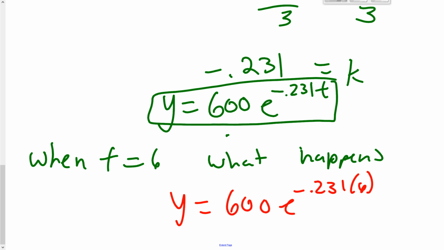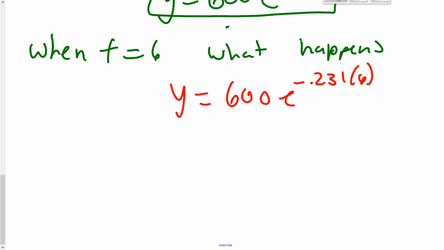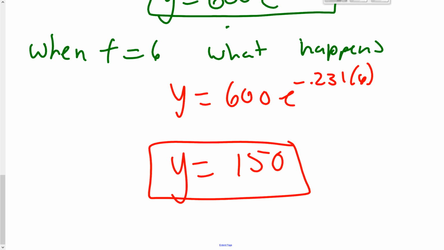We can just enter that in our calculator, and we get y equals about 150. So 150 grams. So that's kind of how you do problems like that.